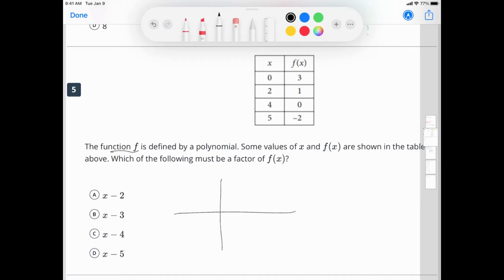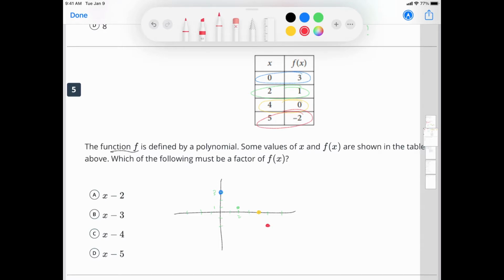You can actually just graph all of these: 0, 3; 2, 1; 3, 1; 4, 0; and 5, -2. Okay, there's my function there.